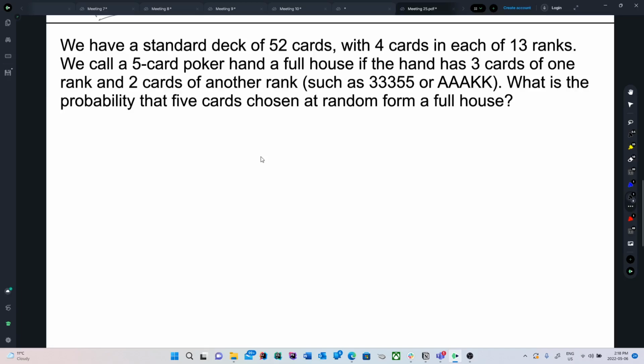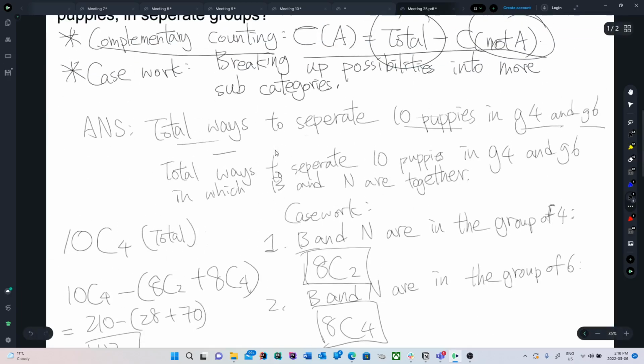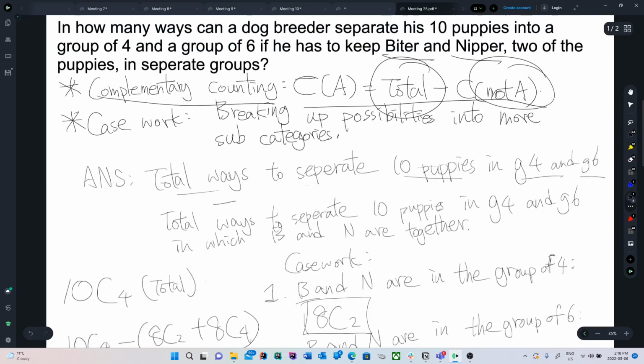One important note that I want to mention before we start this question is that when approaching these kinds of probability problems, we want to be sure to remain consistent. For example, if we count the successful outcomes with regard to order, we shouldn't count the total number of outcomes without regard to order. In this case, we didn't count the order of the puppies because we don't need to.